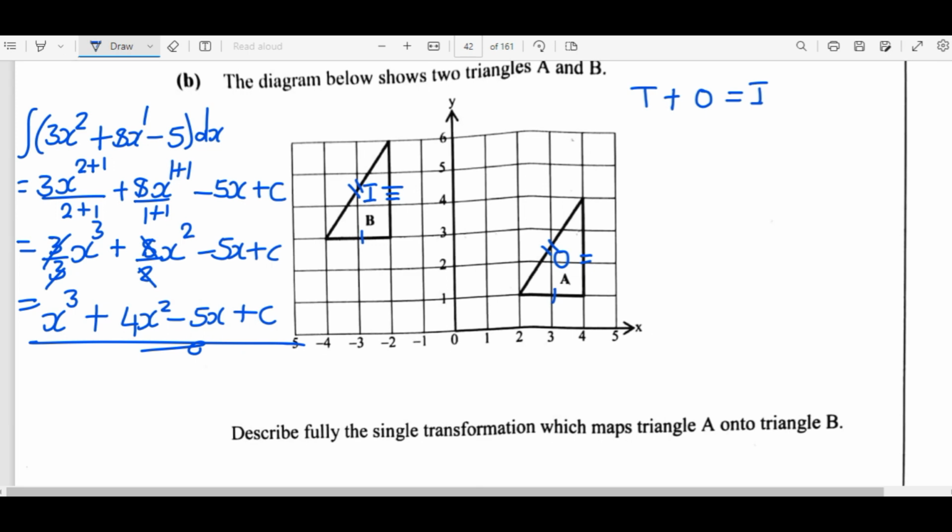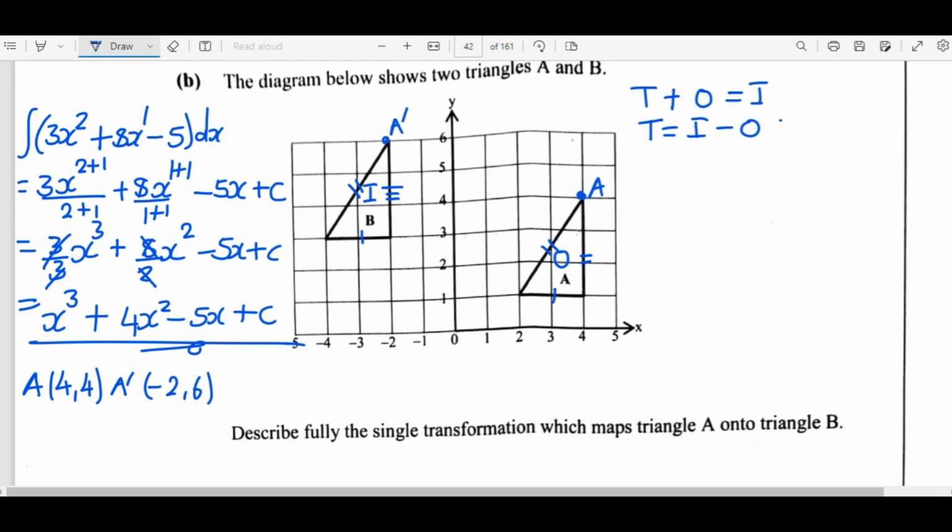If we make t the subject, we get image minus object. So let's say at this point we have A, and here we have A image. Let's get the coordinates of A. At this point it is (4, 4). Then A image is (−2, 6).